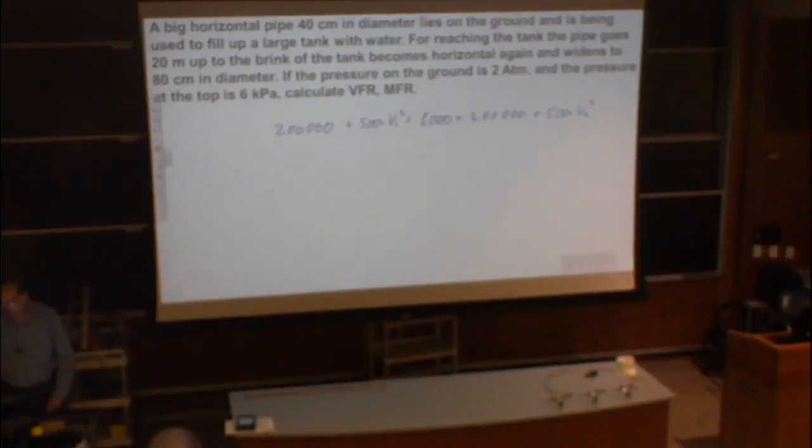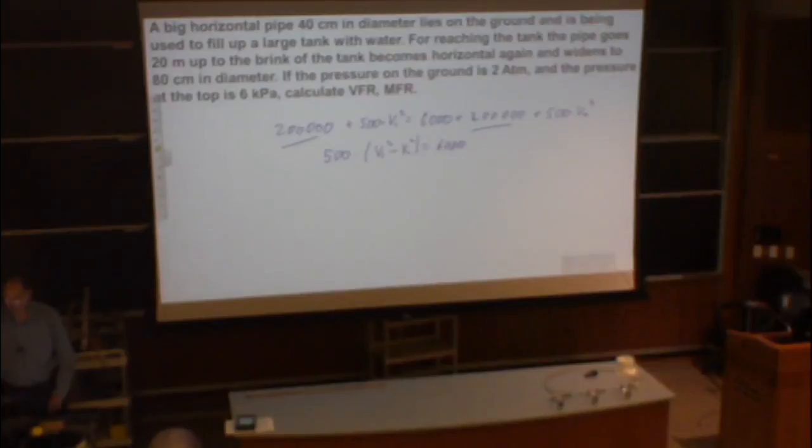Well, the equation tells us whatever it tells us. Again, we can cancel this. And what's left? 500 times V1 squared minus V2 squared equals 6,000.